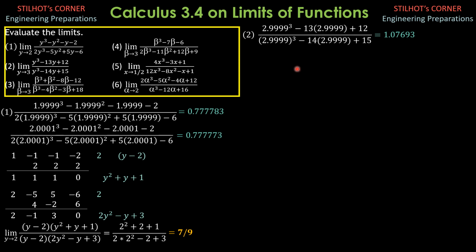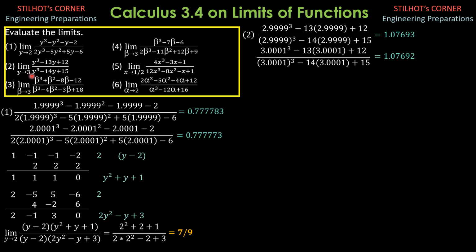What is that in fraction form? It's not familiar, but we can find it later. Then 3.0001 cubed minus 13 times 3.0001 plus 12, over 3.0001 cubed minus 14 times 3.0001 plus 15, and that is the same. Therefore, the limit exists, and that is equal to that in decimal form.